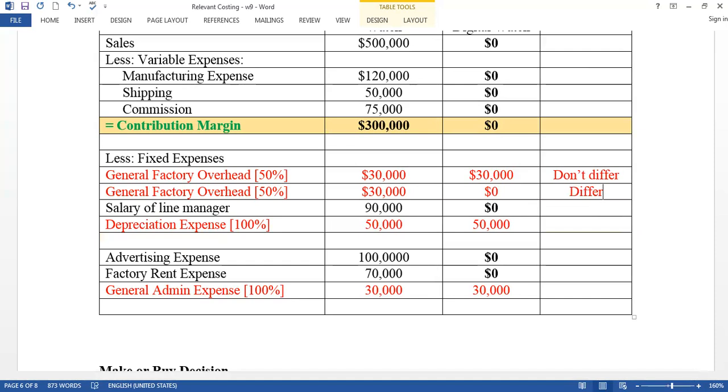Previous question was 100% don't differ, right? Now the new question says that 50% differ, 50% don't differ. Same here, 50% differ, 50% don't differ. 50% don't differ, that means $25,000.